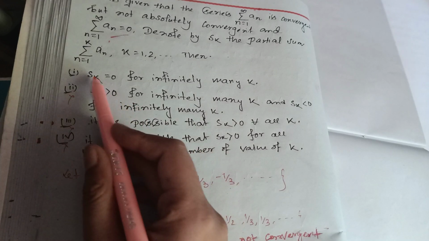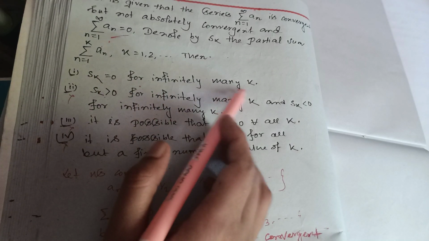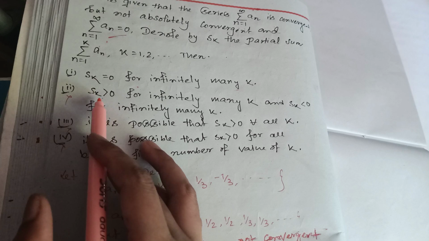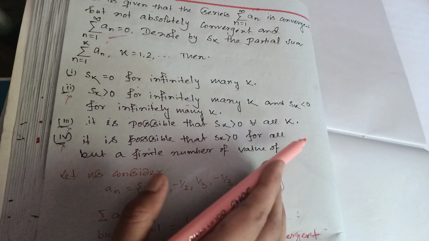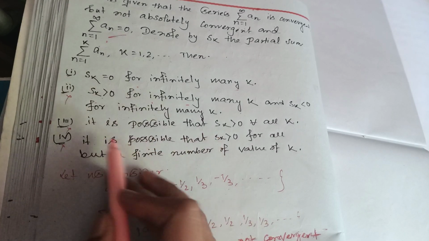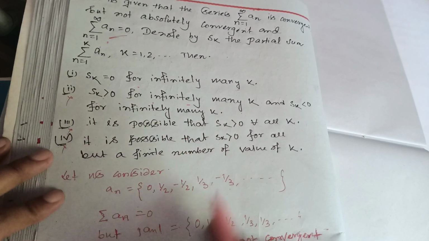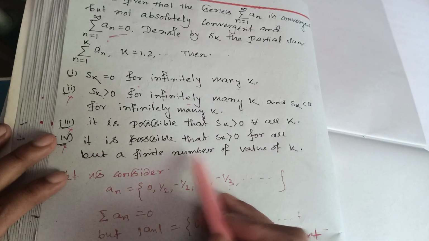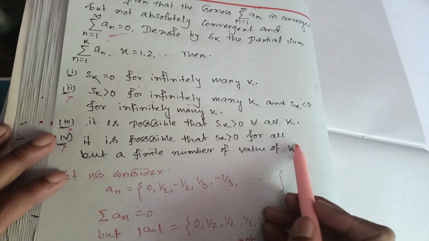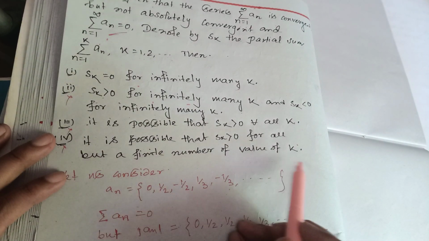The first option says S_k equals 0 for infinitely many k. The second says S_k greater than 0 for infinitely many k and S_k less than 0 for infinitely many k. The third says S_k greater than 0 for all k, and the fourth says S_k greater than 0 for all but a finite number of values of k.